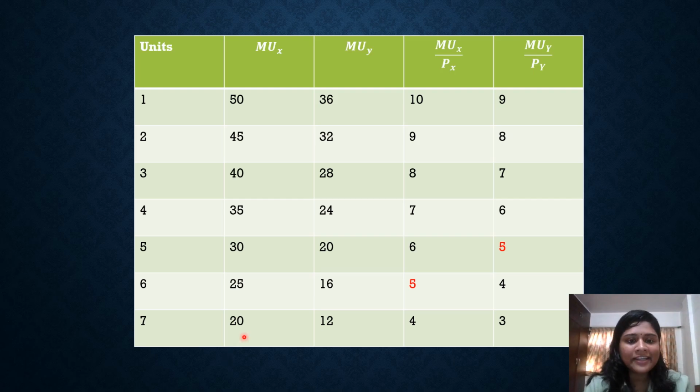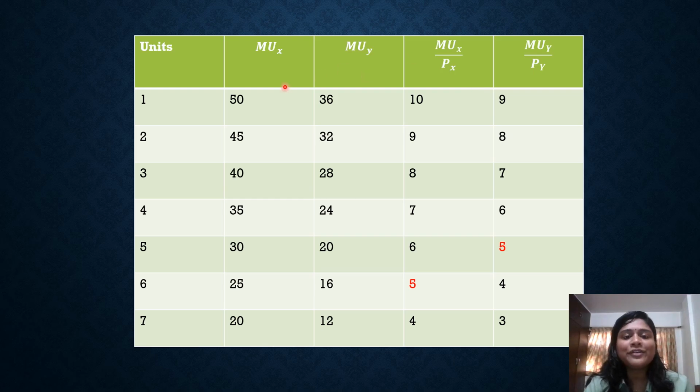So in this table, we have the marginal utility for samosas and we have the marginal utility for vada pavs. And we know that for equimarginal utility, we are going to equate the marginal utility per rupee for samosas and marginal utility per rupee for vada pav.